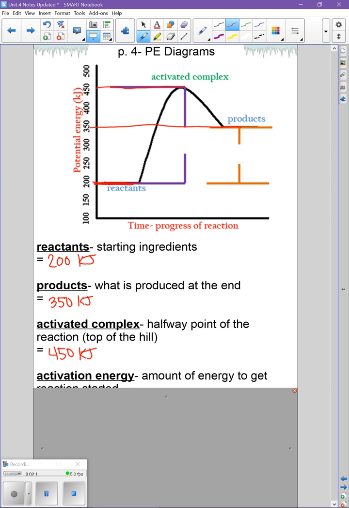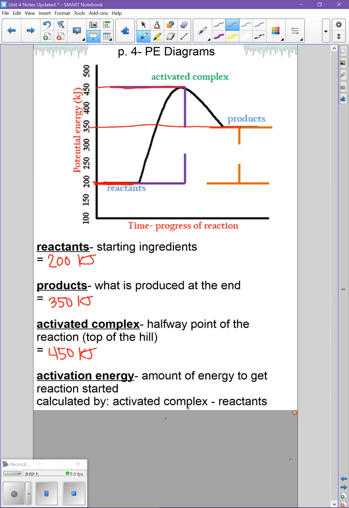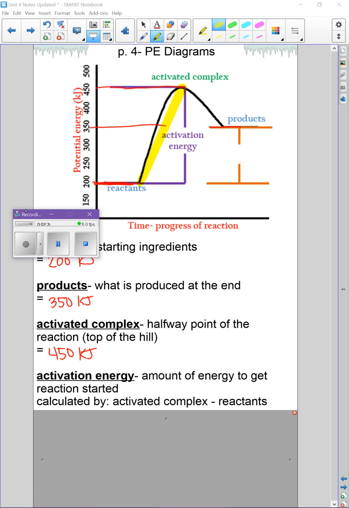Next was the activation energy. It's the amount of energy to get the reaction started. So that goes from the activated complex to the reactants. Okay, so activation energy is kind of the height here from the reactants up to the activated complex. That's activation energy. So we're actually going to do the math for that by doing this subtraction.